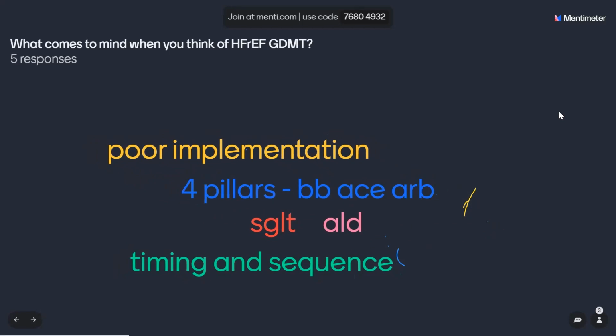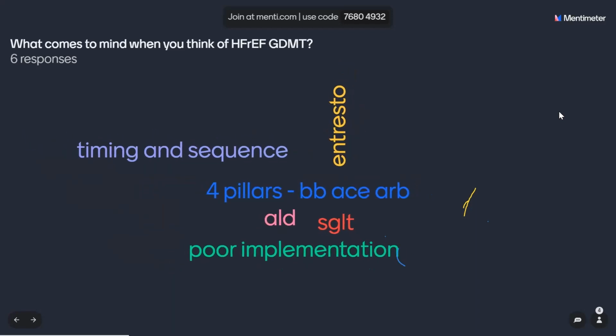Yes. Beta blocker, ACE inhibitor, ARB, SGLT2 inhibitor, aldosterone antagonist. Beautiful. What else do we got? Entresto. Okay. Novartis is happy that you mentioned that today.